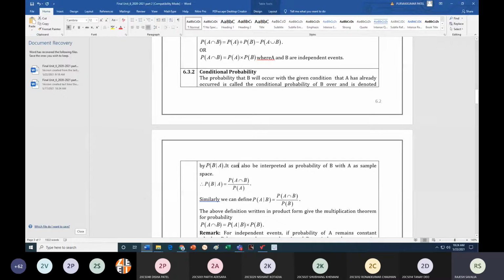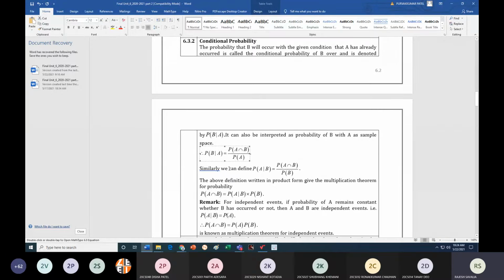The formula for probability of B over A is P of A intersection B divided by P of A.